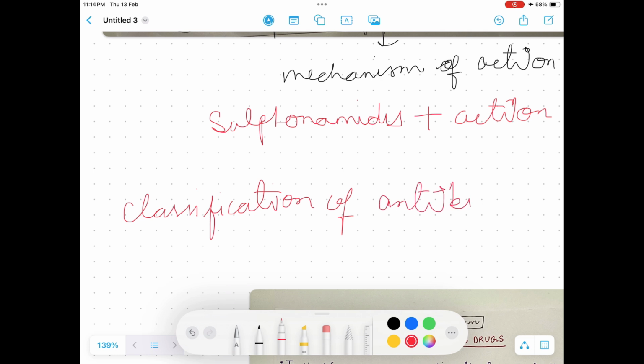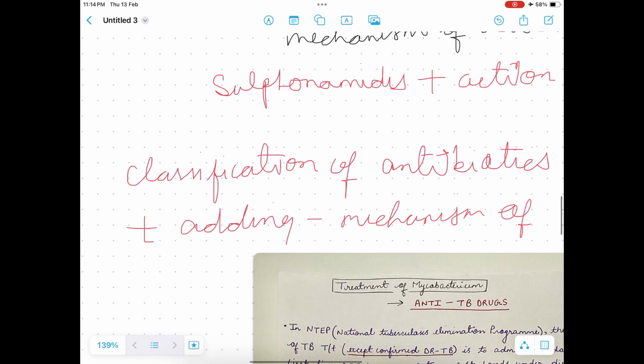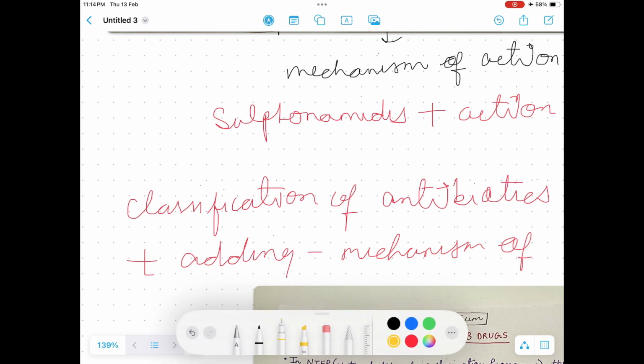You will start your question with the classification of antibiotics and then add the mechanism of action of the concerned antibiotic.